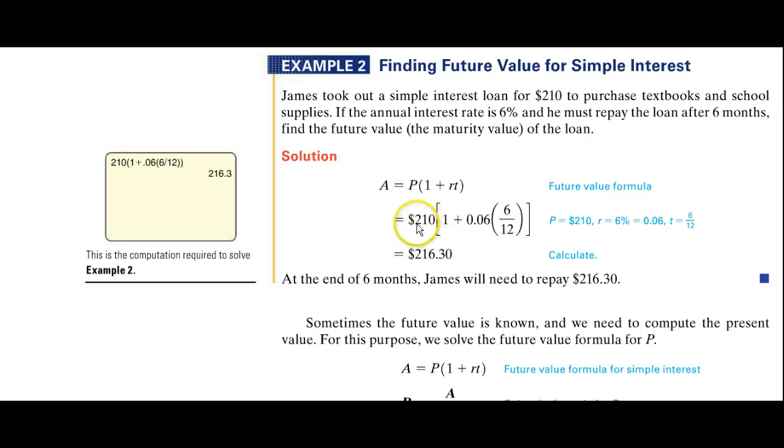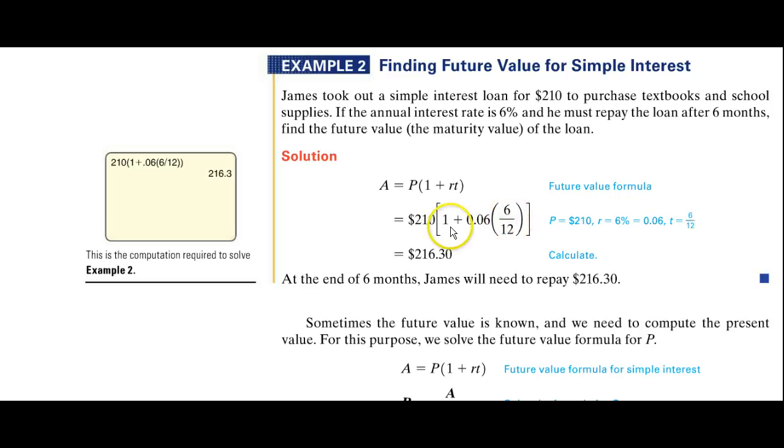Our principal, 210, then 1 plus 6%, and then it's 6 months, so 6 over 12, you could put 1/2 here, but you could leave it that way since you're using your calculator. So again, I would multiply, let's say this, by 0.5 maybe to make it easier for you.